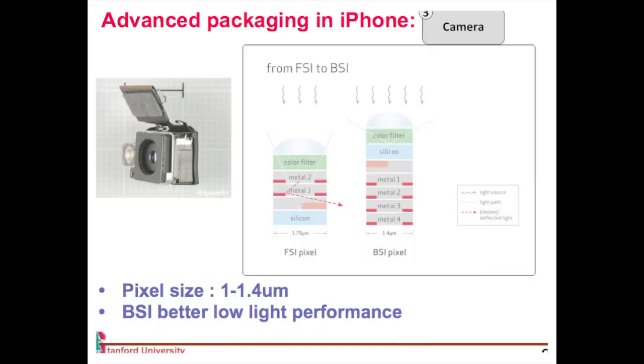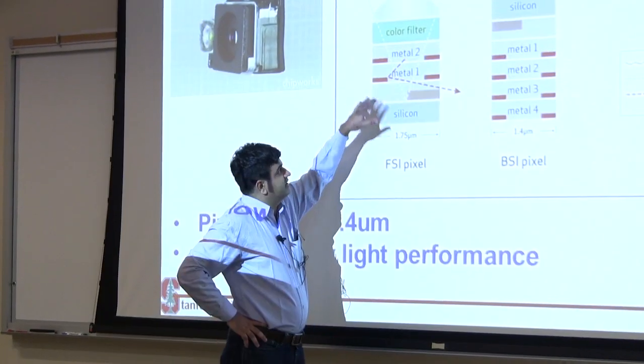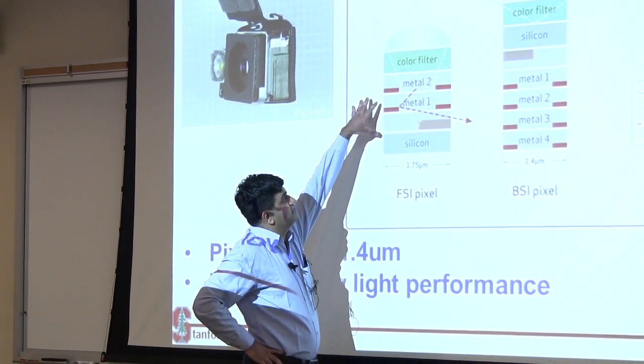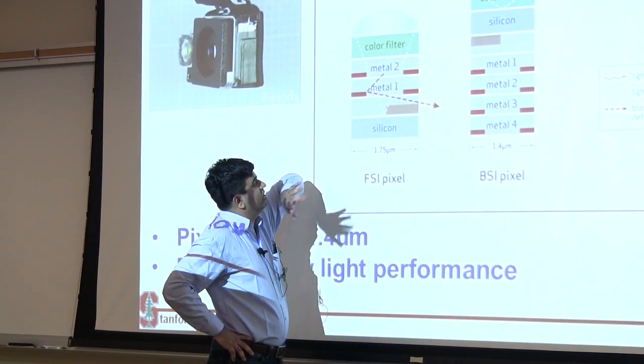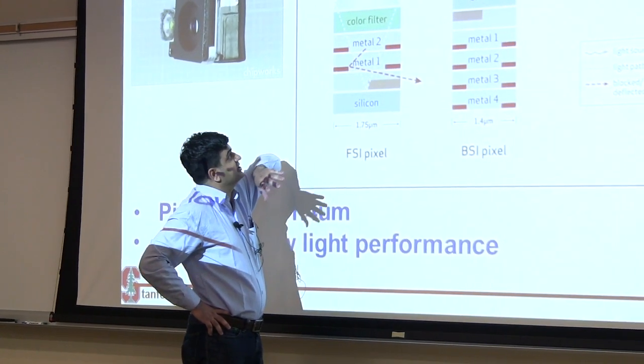So what do I mean by front side or back side illumination? There are two ways you can illuminate your image sensor, or get light into it. One is that you have your image sensor in your silicon over here, and then you have these different levels of metal, what you typically call the back end of the line, or your interconnects, placed on top of the silicon.